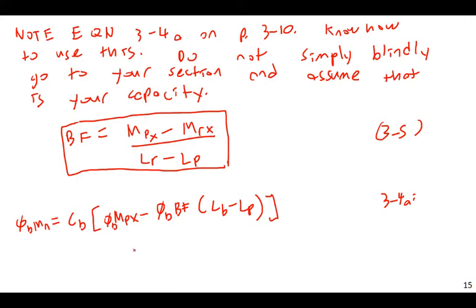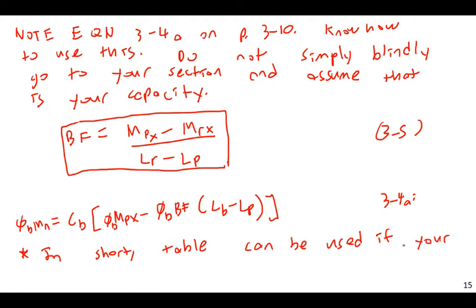This looks very similar to an interpolation, but in short, table 3-2 can be used if your length is less than LR. If it's not, then you really can't use it.